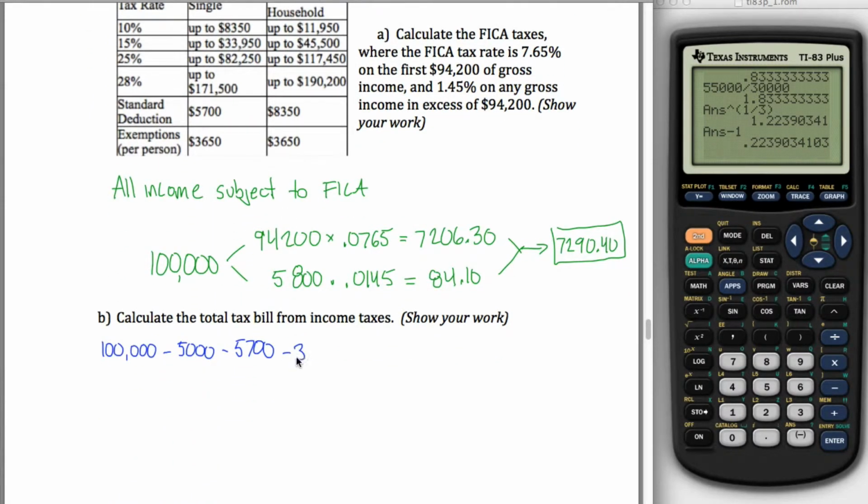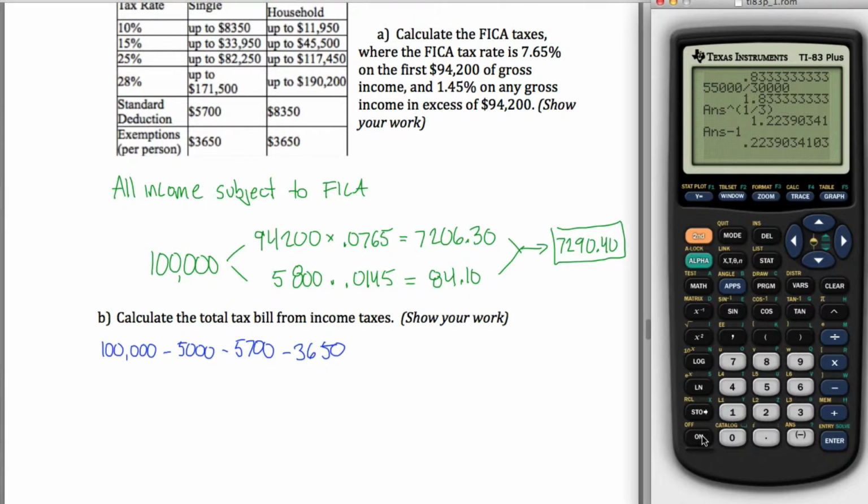So I subtract 3,650. So we'll do the 100,000 minus 5,000 minus 5,700 minus 3,650.